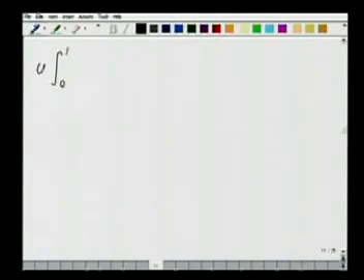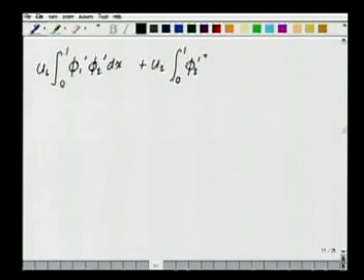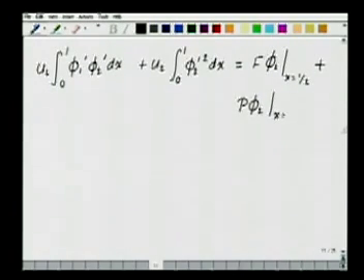Similarly, for the second equation I will get u1 integral 0 to 1 phi 1 prime phi 2 prime dx plus u2 integral 0 to 1 phi 2 prime squared dx, equal to f phi 2 evaluated at x equal to half plus p phi 2 evaluated at x equal to 1.